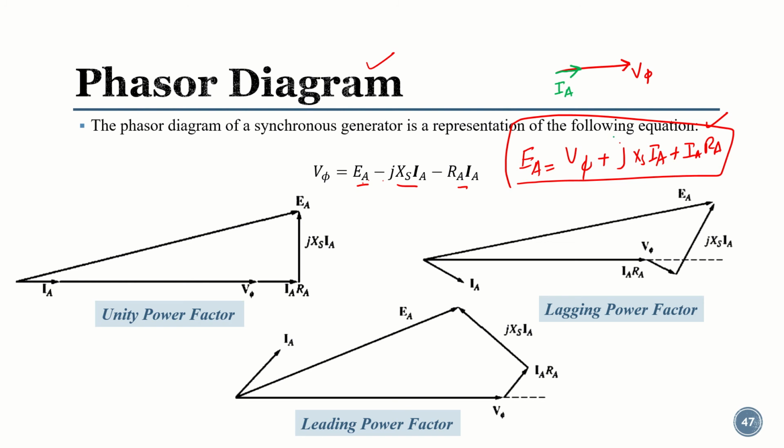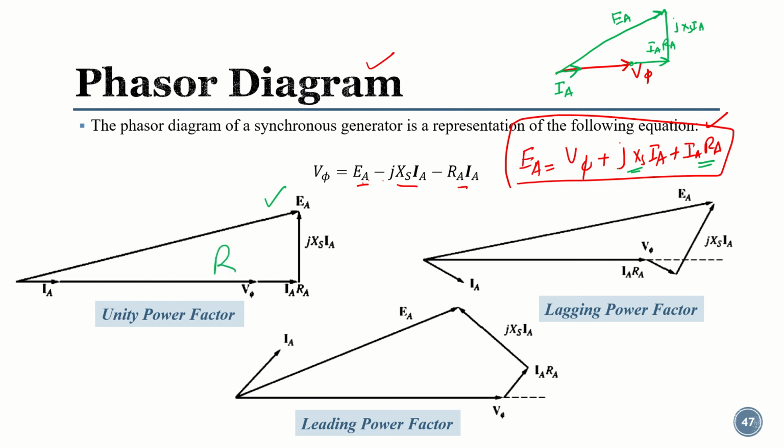Then I have the resistive drop, which will come here, that is IA times RA. Then we have the reactance; because of the j we get 90 degrees here, so that will be the drop X times IA. And this total sum will be my EA voltage. So this is the graph for the unity power factor, the resistive load.